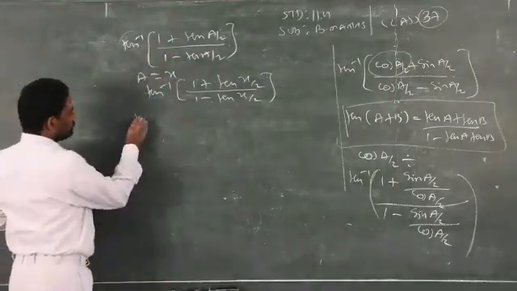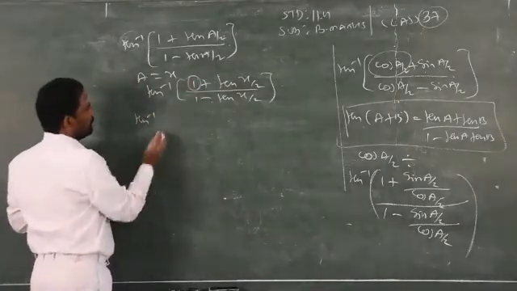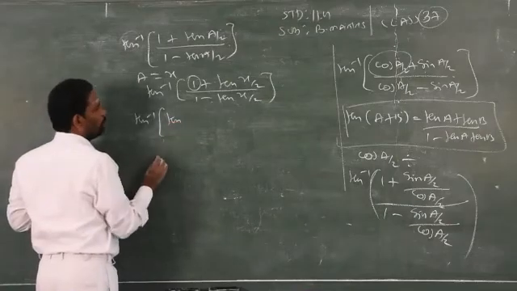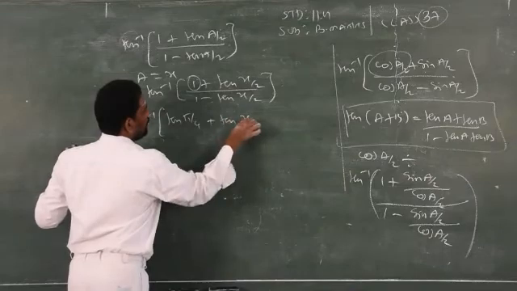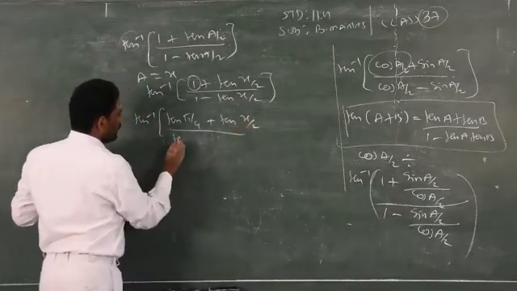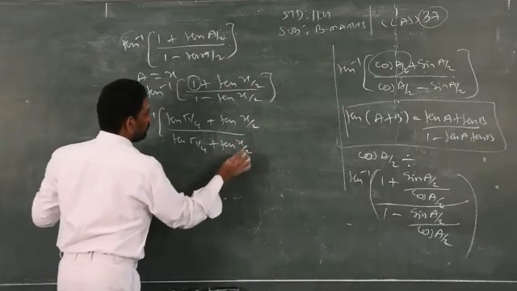So now again apply it. When will you get tan theta as 1? Only at pi by 4, isn't it? So tan pi by 4 plus tan x by 2 in the numerator. In the denominator, that is 1 minus tan x by 2.